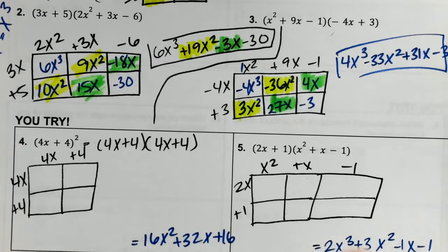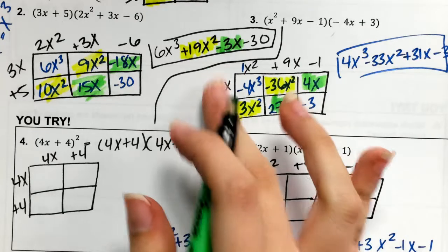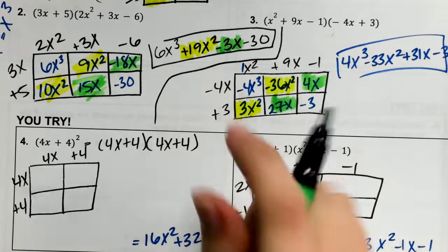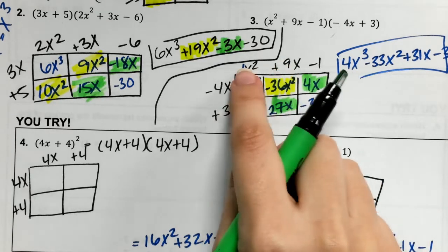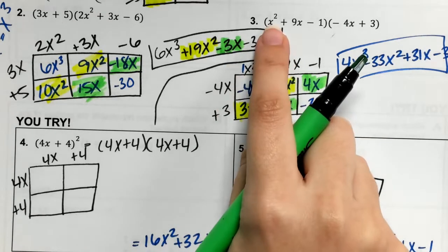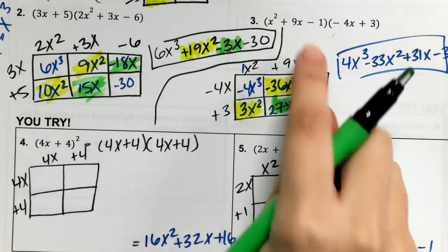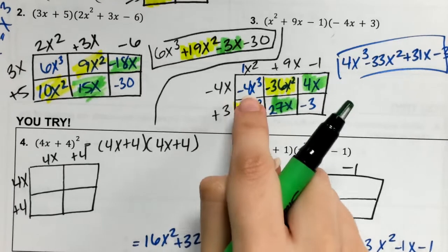On the other side, it's written kind of backwards, but you can still do your two-termed expression, your binomial on the side, the negative 4x and the positive 3, and your 3-termed trinomial on the top, 1x squared, because when x is by itself, it's really a 1, 9x, and negative 1. Multiply like normal. 1 times negative 4 is negative 4.